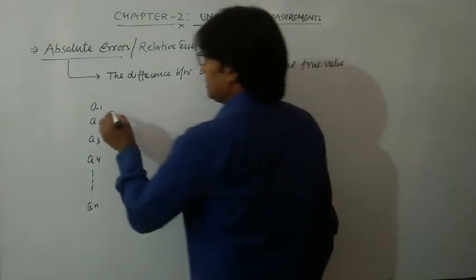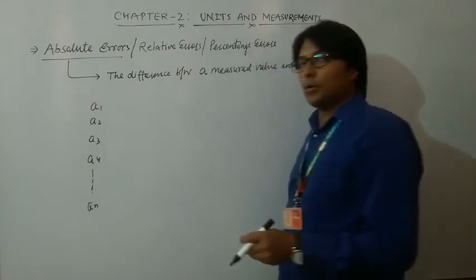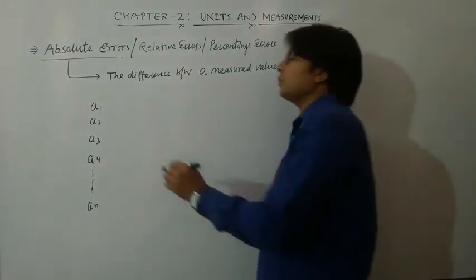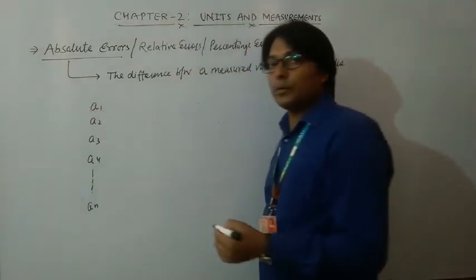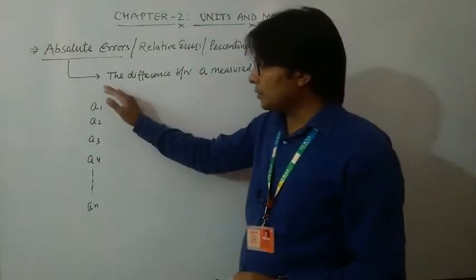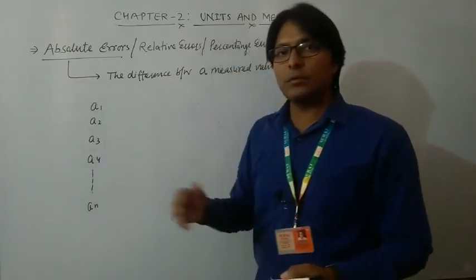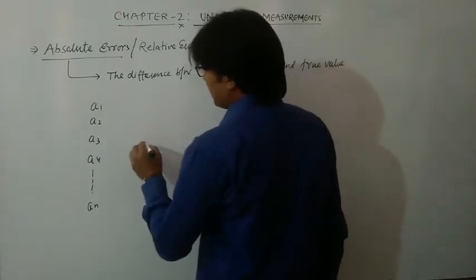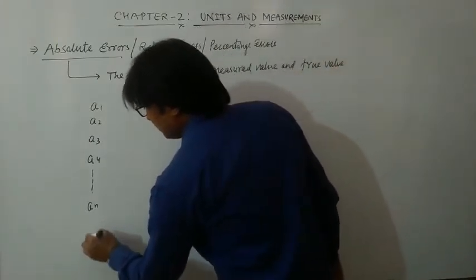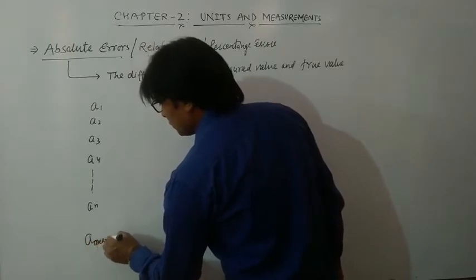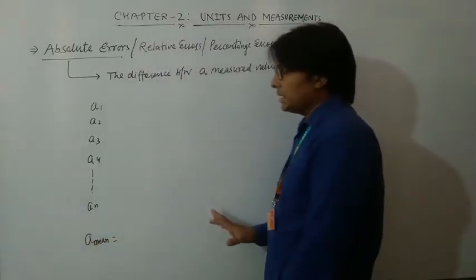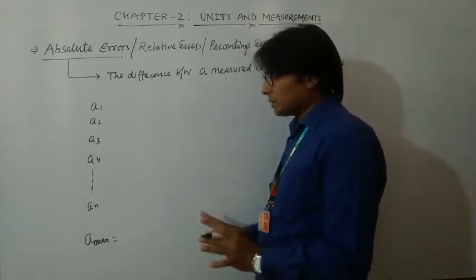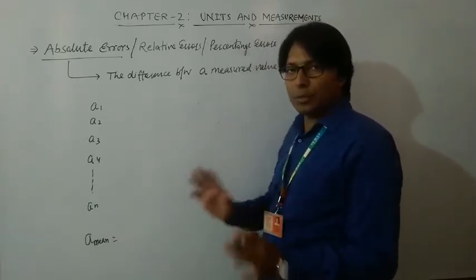Now if the true value has been given, then it is fine. Otherwise, we will find the true value with the help of all these readings by averaging them. First we will find the mean value or average value of all these readings, if the true value has not been given, which sometimes happens.